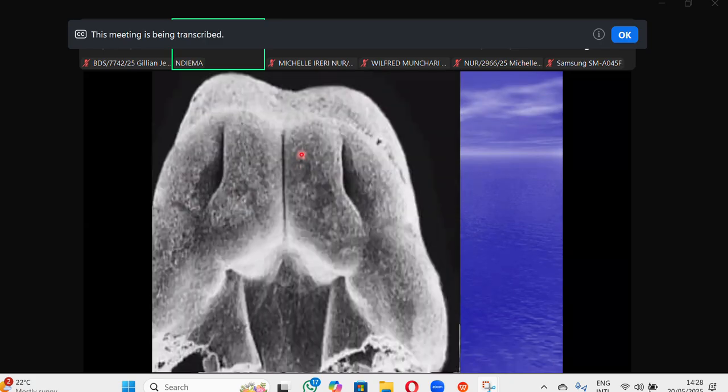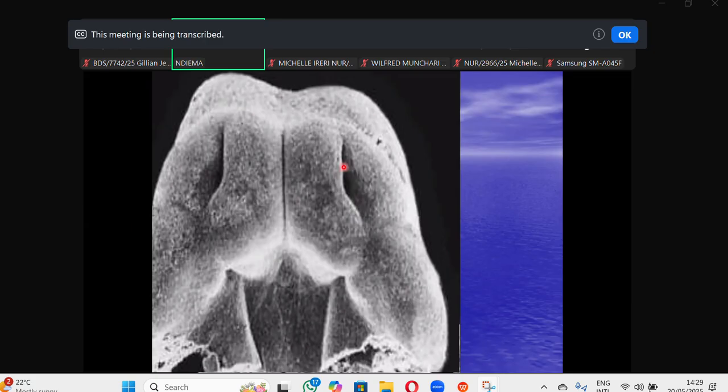Then we have eventual complete formation where we have the medial nasal swelling and the lateral nasal swelling, with the nasal pit deepening, eventually forming the nasal sac. So from the nasal placode, we have the formation of the nasal pit, then nasal sac.